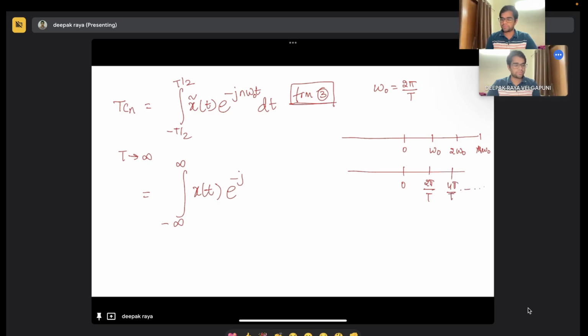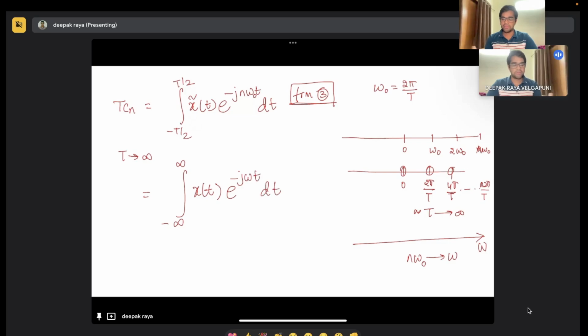If you see clearly, as T tends to infinity, these neighboring points come closer and closer because T is in the denominator. So it becomes more continuous. Therefore omega becomes a continuous axis instead of a discrete axis. So as T tends to infinity, n omega naught tends to omega, a continuous variable.